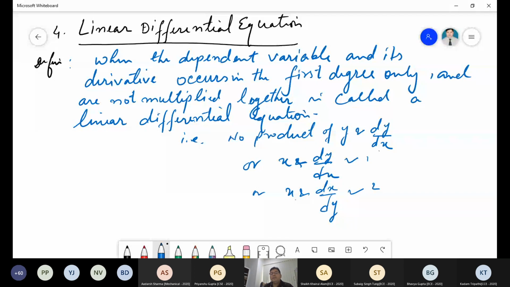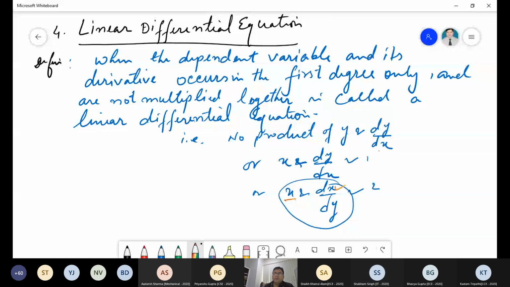What I am saying in the linear form, here which is the dependent variable in this case? Which is the dependent variable? X. Yeah, X is correct.